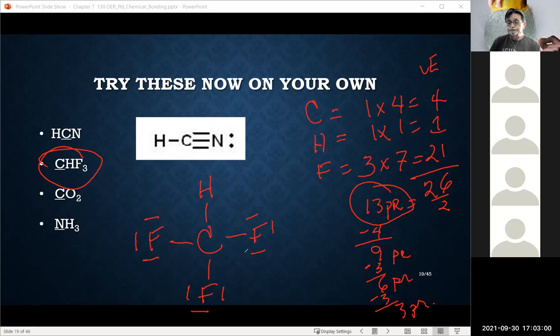What did I miss here? 9, excuse me, 9 around the fluorides, 9, 10, 11, 12, and 13. So that number checks out. I got 13 pairs that accounts for all 26 valence electrons I started off with. And so I'm done. Now I got to figure out the general formula. A is always there. What would B be? And what would B be here?